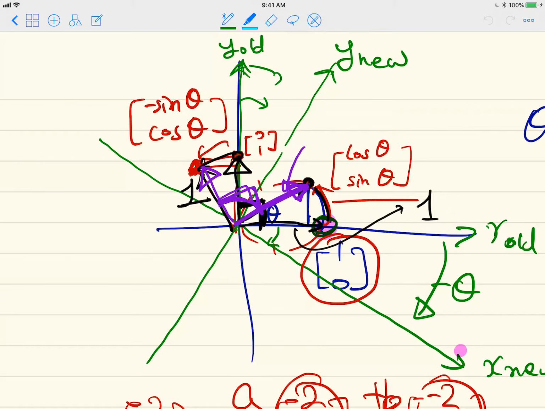Then all the points with respect to the new coordinate system will have the same angles and lengths. Okay.